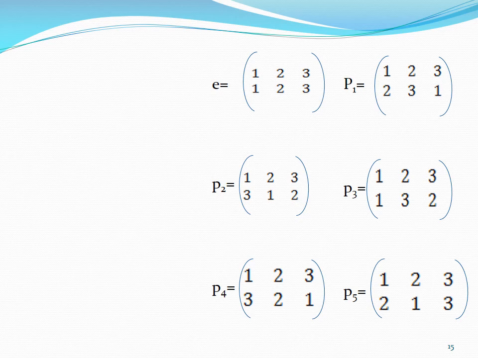Then P1: 1 goes to 2, f(2) = 3, f(3) = 1. P2: f(1) = 3, f(2) = 1, f(3) = 2. So we have 6 permutations, which form a group under the composition of functions and is named S3.